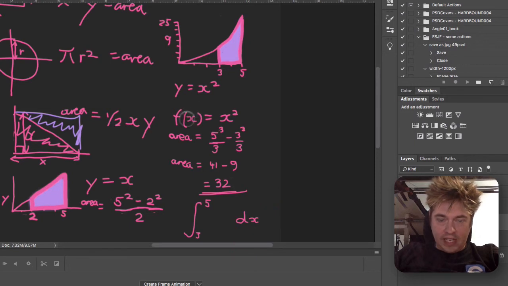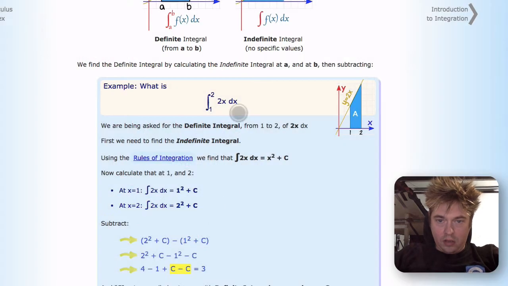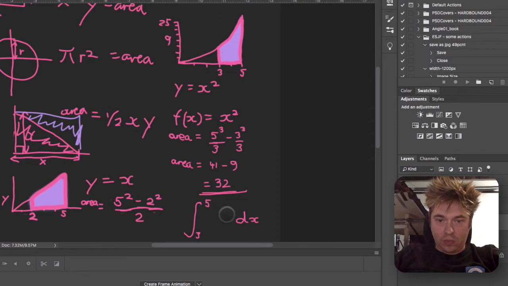So what we're saying here is the integral of 5 over 3, and then whatever the function, so a b f(x) dx. So f(x) is equal to x squared. So the answer to that is 32. I hope that makes sense.